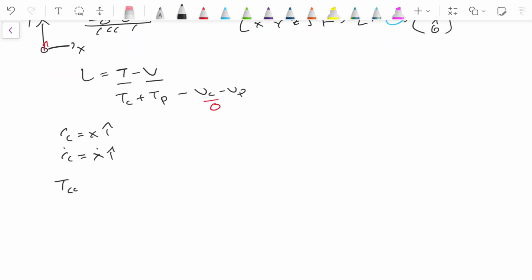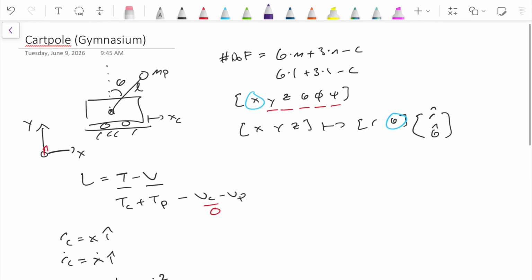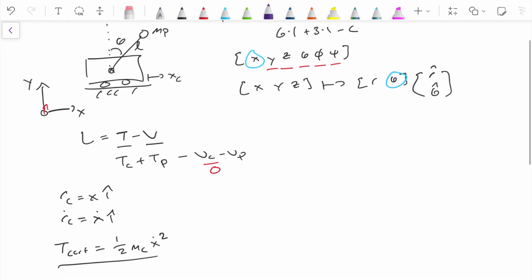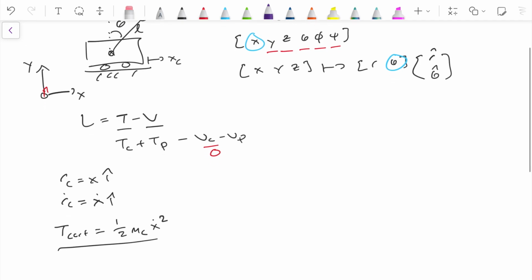So T cart, using the basic equation here, is 1/2 mc x dot squared. So that is the kinetic energy of the cart. Pretty simple. The next one, the pendulum, is a little bit more tricky because we have motions of the cart and the pendulum that we need to account for.